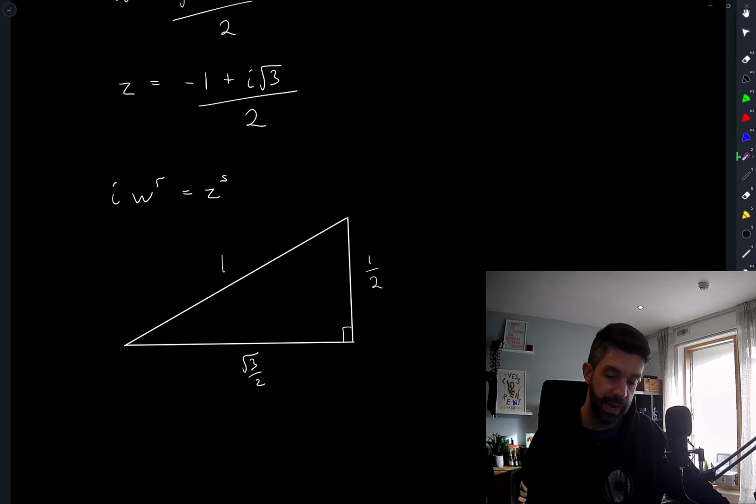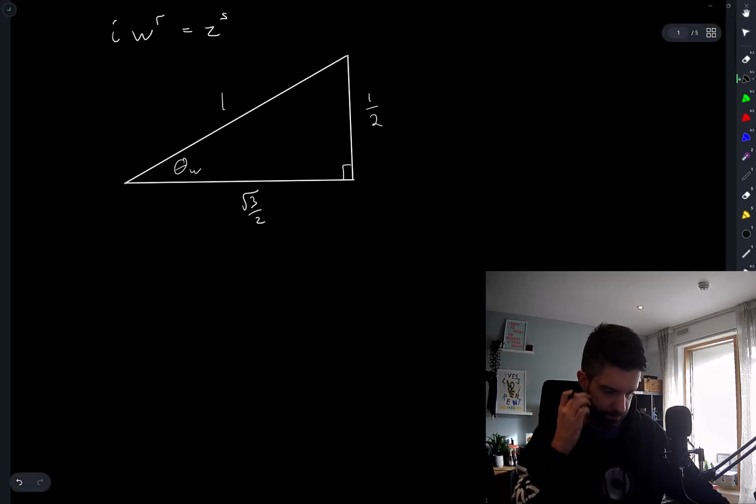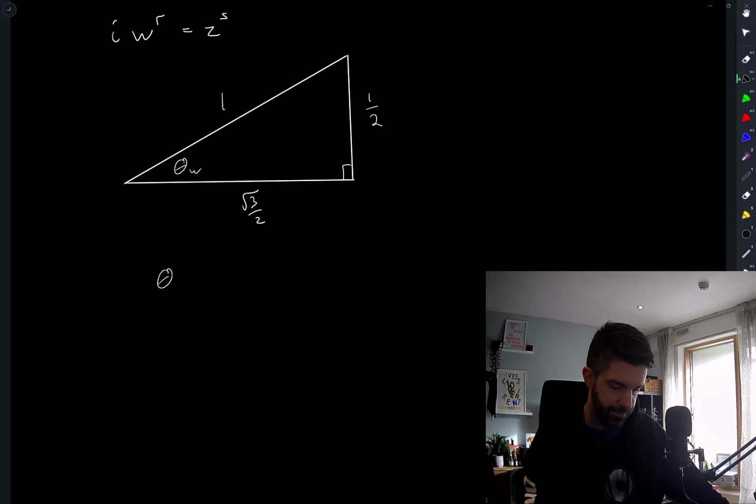So r and s can in fact be different. Anyway, let's call this theta w. And theta w is equal to 30 degrees, right? Which is pi over 6.